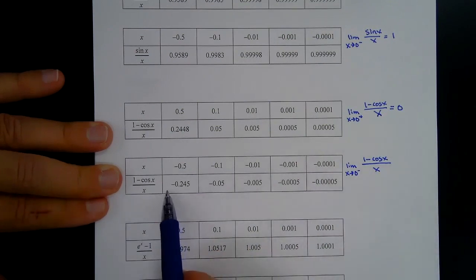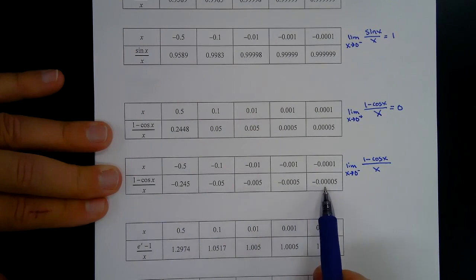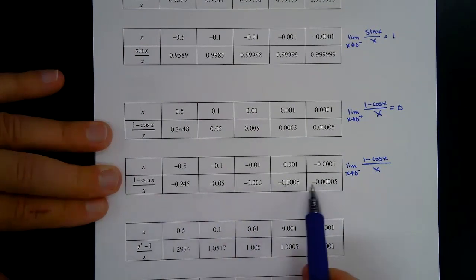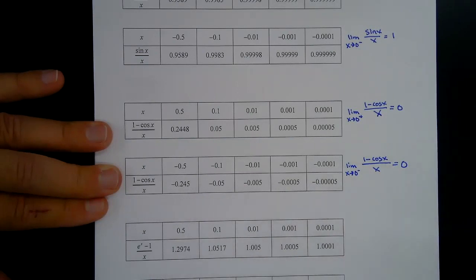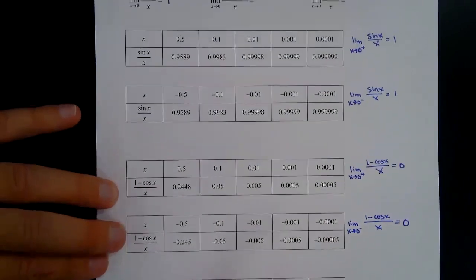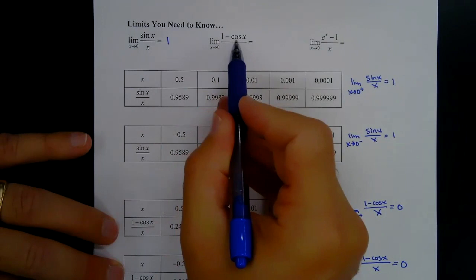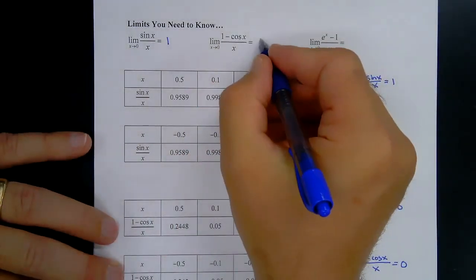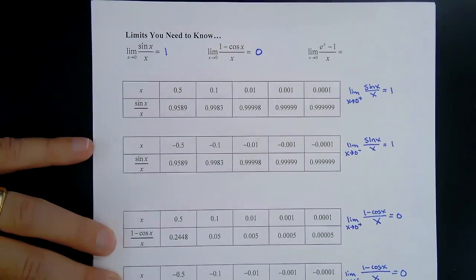And if you look at 1 minus cosine x over x, I know it's negative, but it's getting closer and closer to 0. So these are both equal to 0. That means whenever you see this limit, the limit as x approaches 0 of 1 minus cosine x over x, that's also 0. And let's do this last one.